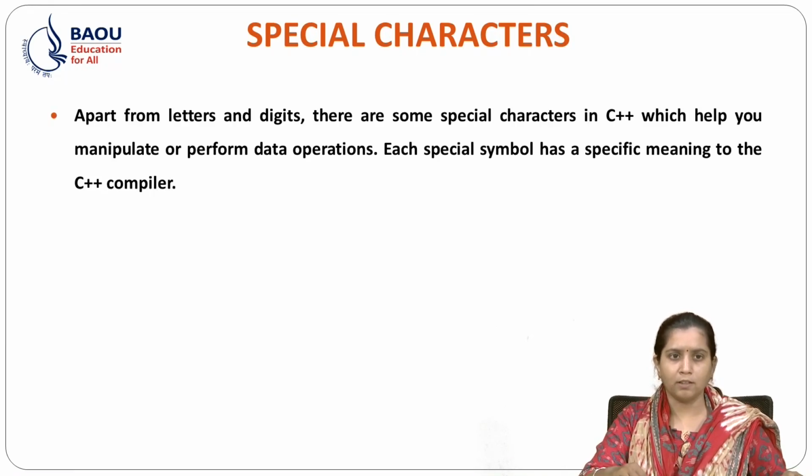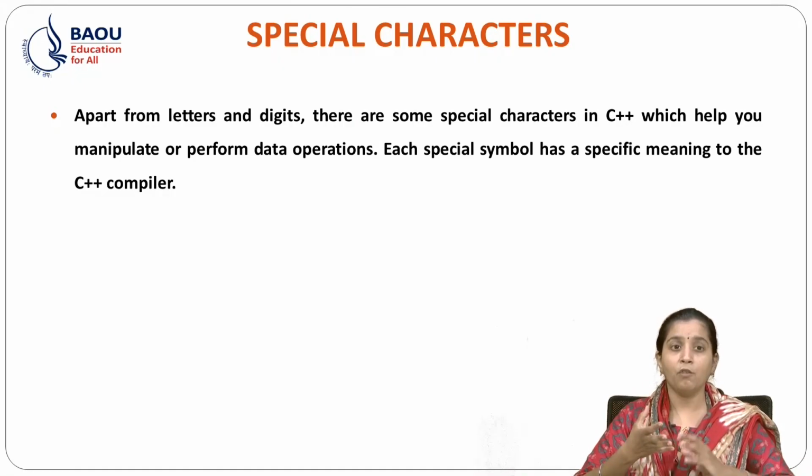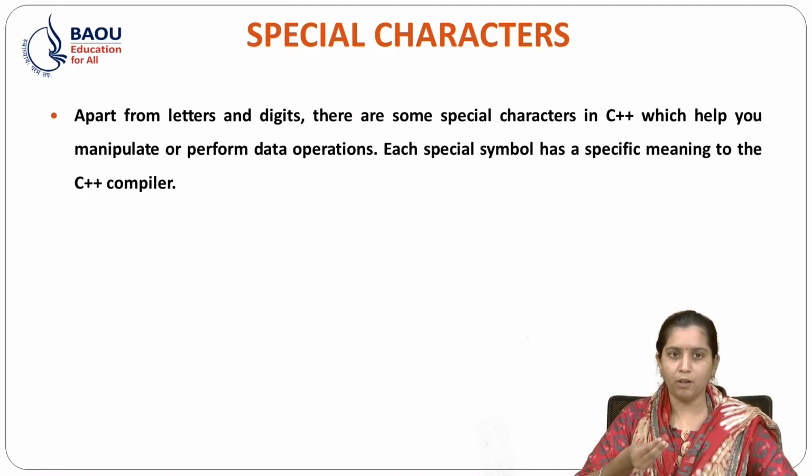Special characters. Apart from letters and digits, there are some special characters in C++ which help you to manipulate or perform data operations. Each special symbol has a specific meaning to the C++ compiler.